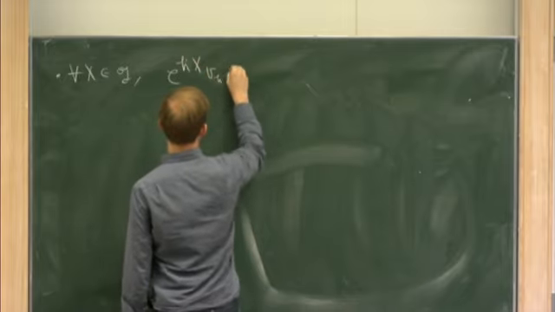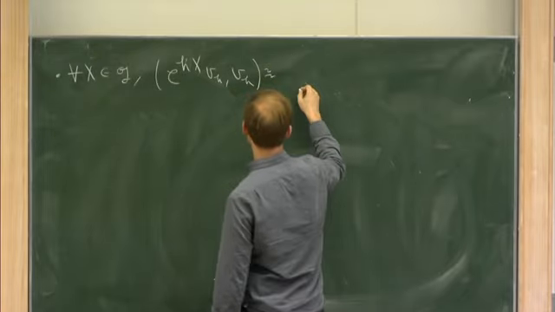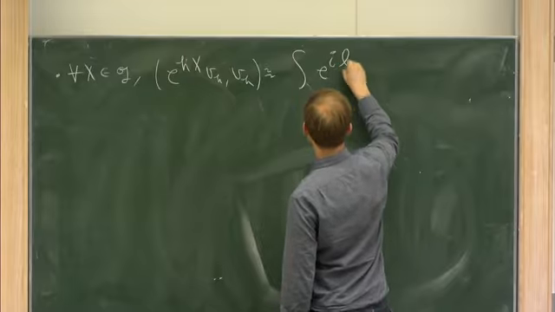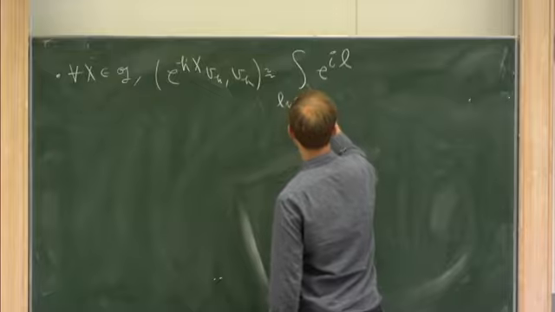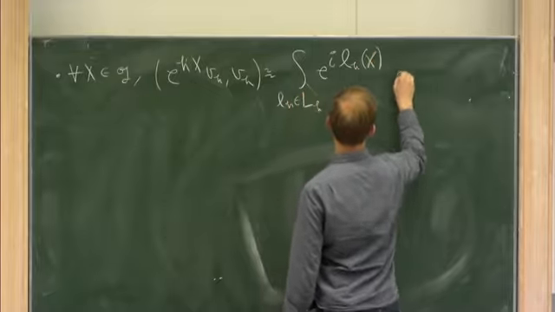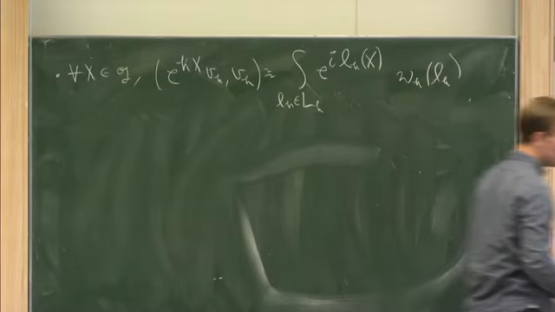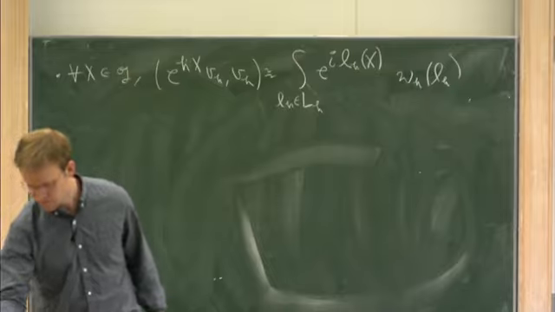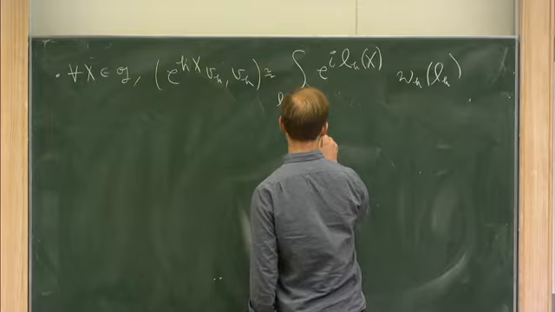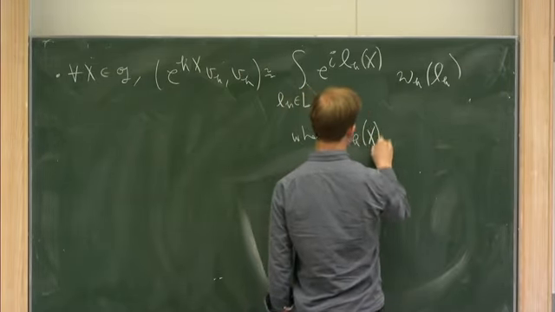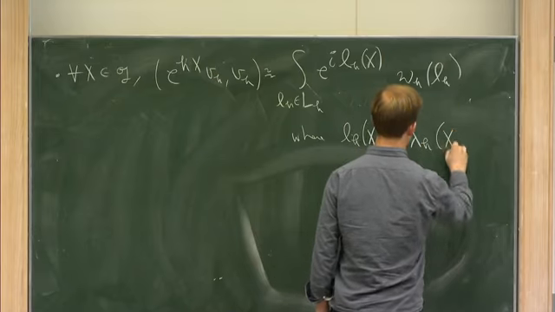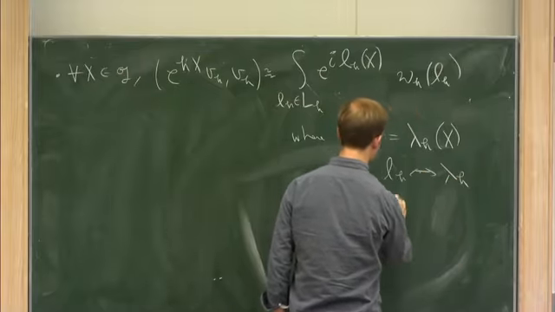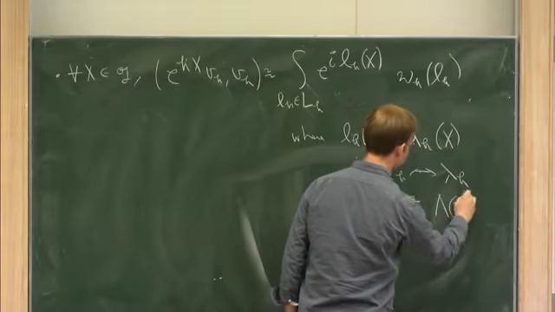For e to the hx applied to V_H, I'll ask that this inner product be approximately the integral of e to the I L_H of x times W_H of L_H, where L_H of x is defined to be lambda_H of x if L_H corresponds to lambda_H under this approximate identification.